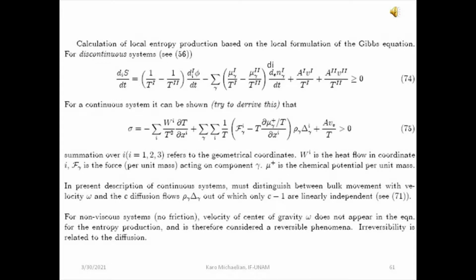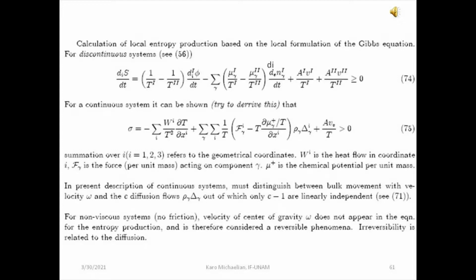So now, rather than a discrete system, we assume that we have a continuous system. And we ask how equation 74 would look in the case of a continuous system. We won't derive it here, but you can try to derive it for yourself.